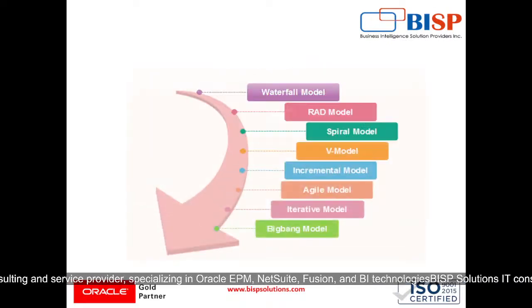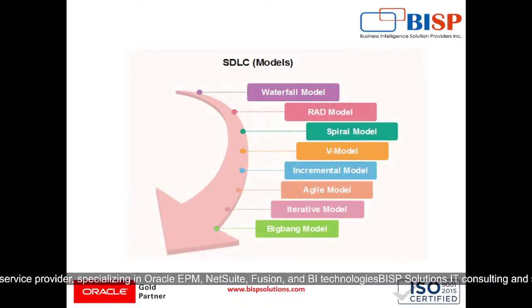Then comes our SDLC models. First of all, the waterfall model, where a sequential approach is followed, and in this model, each phase is completed before moving to the next. Its limitations are that it is inflexible to changes in requirements once the project starts, and the testing phase only occurs at the end, which can delay the discovery of critical issues.